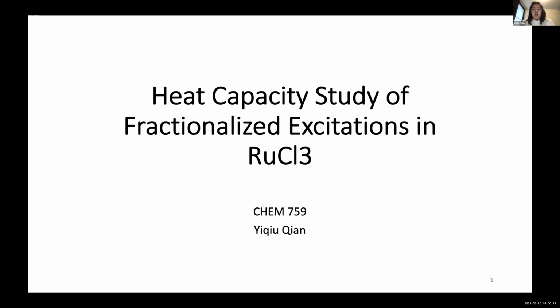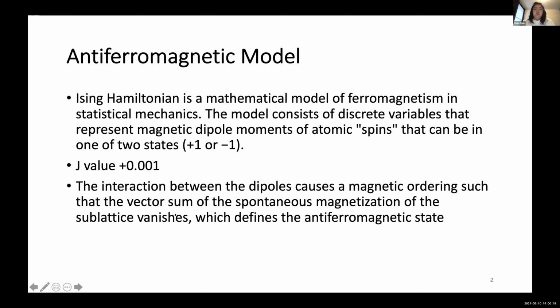So, hello everyone, my name is Ishu Qian. Today I will talk about the heat capacity study of fractionalized excitations in ruthenium-3 chloride. Based on the study from Tremelli and Faiz, I keep on the anti-ferromagnetic models.